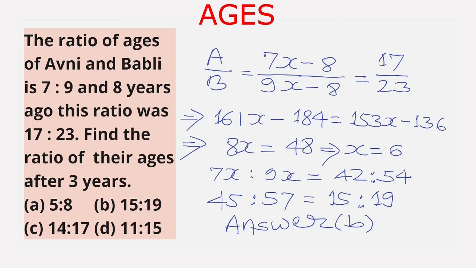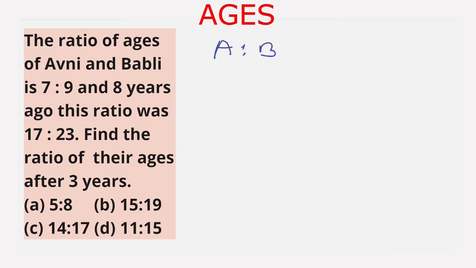Now I solve this question by the shortcut method without using the x. So I erase it first. Avani ratio Bubbly is A ratio B, given to us as 7:9. And 8 years ago, this was 17:23. The difference between 7 and 9 is 2 and between 17 and 23 is 6.